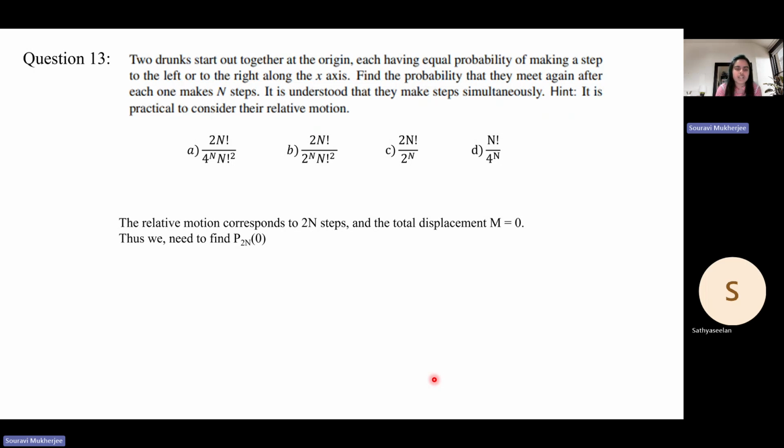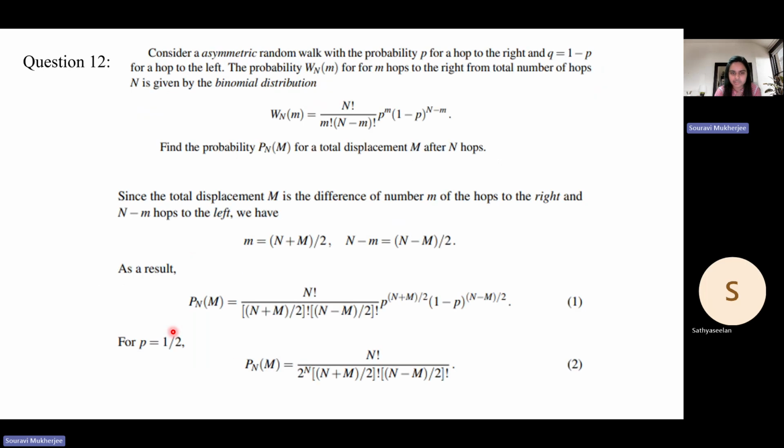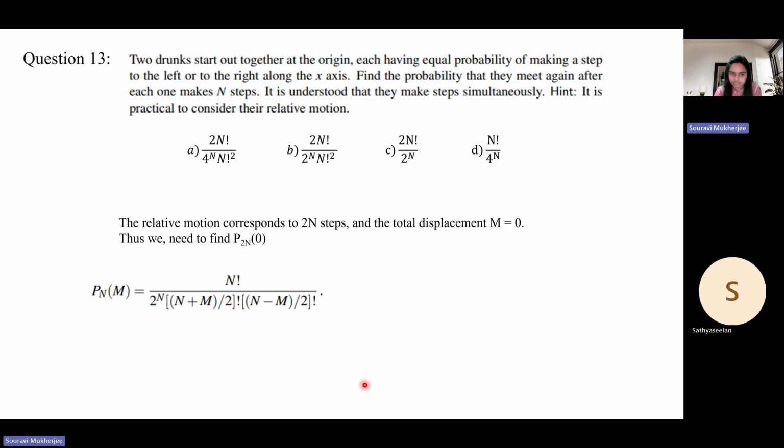So we have to find P of 2n, 0. You just replace in the last form that we derived n by 2n and M by 0. Then this is your answer. Clear?